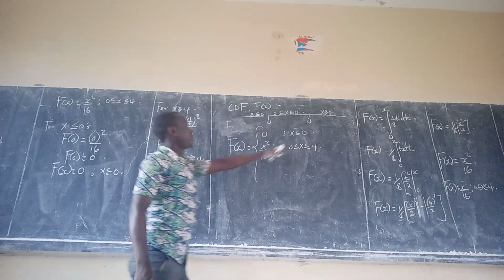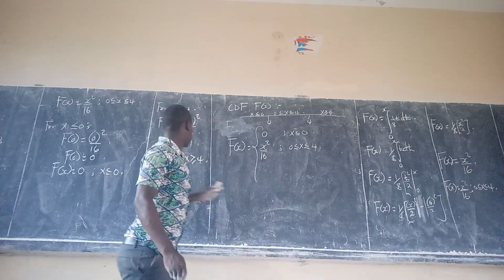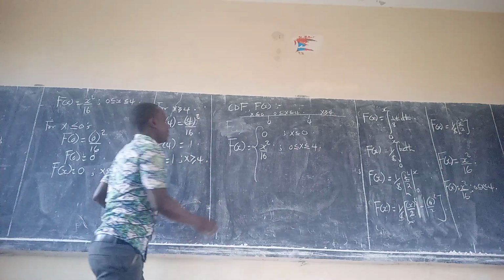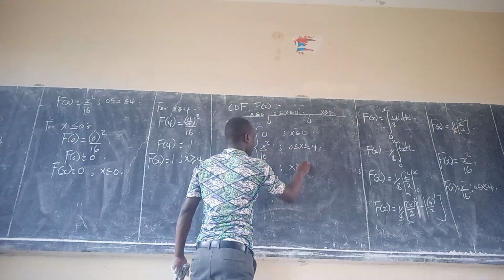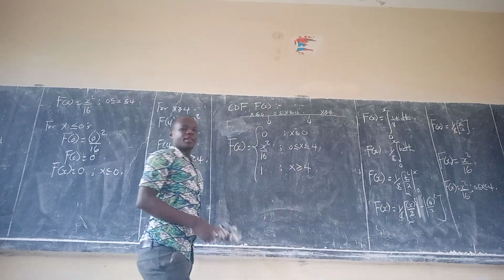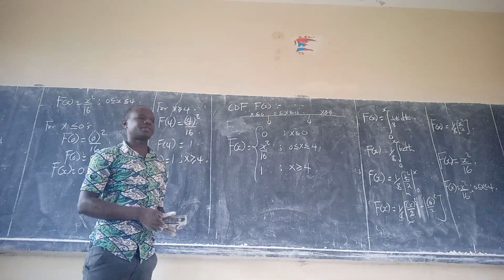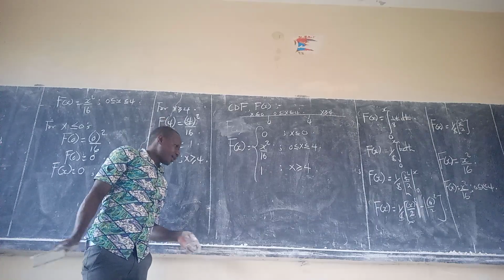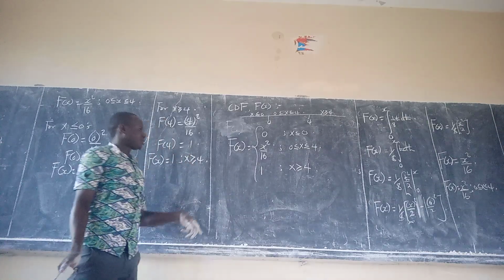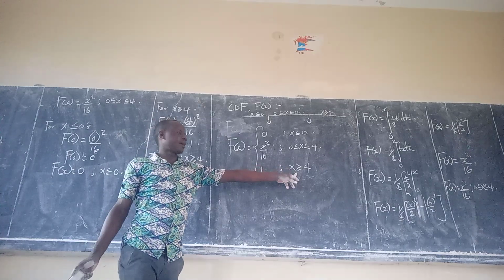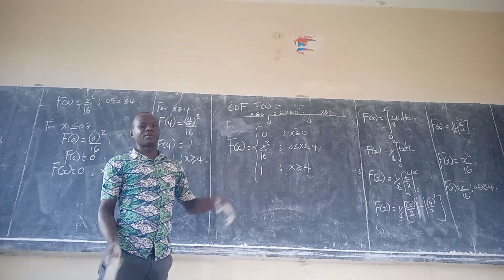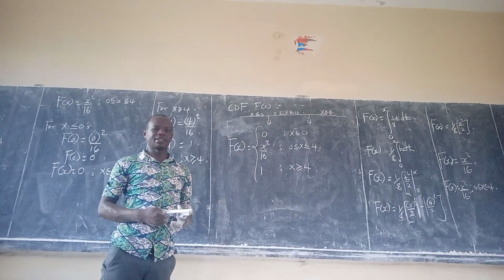We now go to the last interval. It is a 1. This is when x is greater or equal to 4. Now, if it is a CDF, it does not possess 0 elsewhere, but rather it has a 1 for the last interval, and in most cases it is a 0 for the first interval.